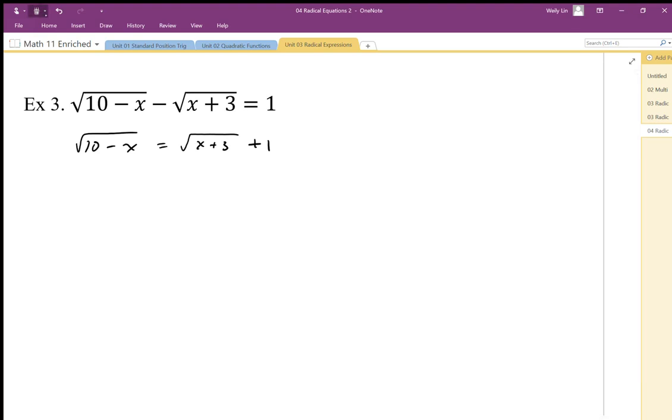Okay, so we want to get rid of the square root by squaring both sides of the equation. Now you cannot square like this. Squares are not compatible with pluses and minuses like this. So we have to make sure that when we square this, we square the whole thing.